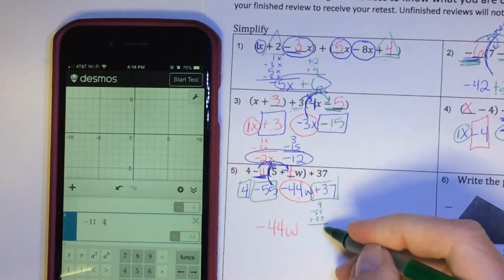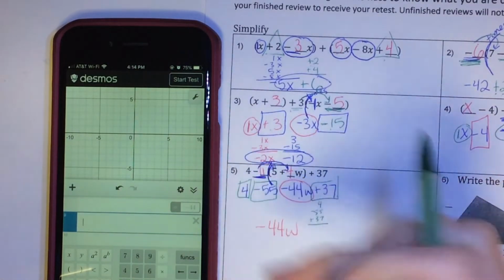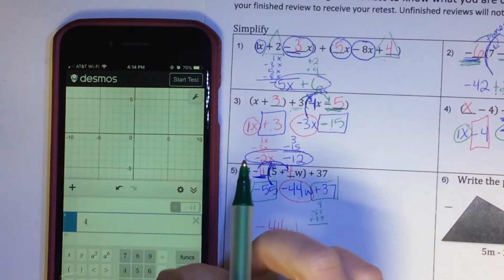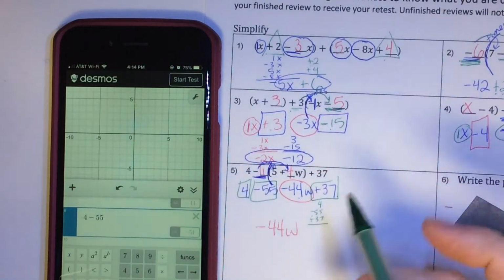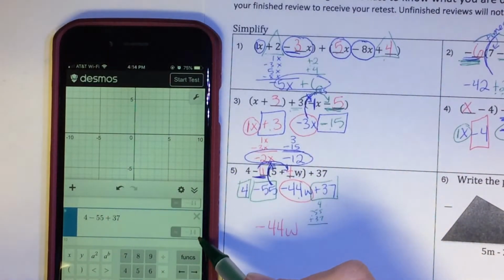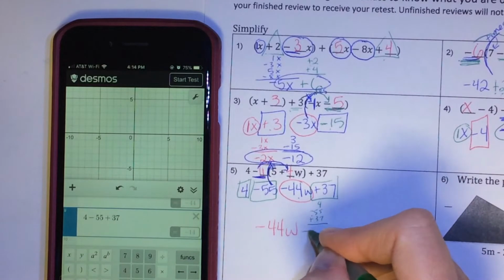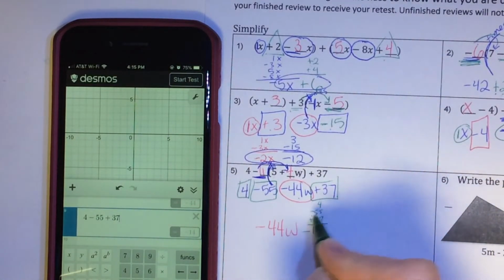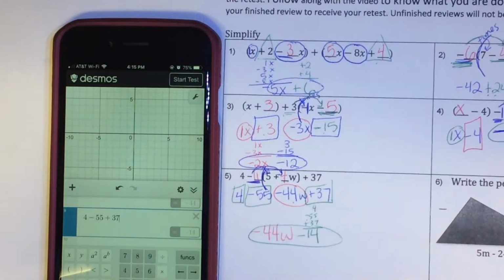So we're going to put those together. And this is one where you're probably going to want to use Desmos. We just type in 4 minus 55, and when we combine, we just type in plus 37. And our answer is a negative 14. And so now your answer looks like negative 44w minus 14. Final answer.